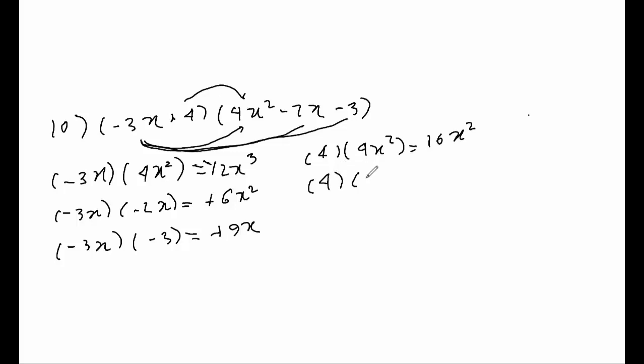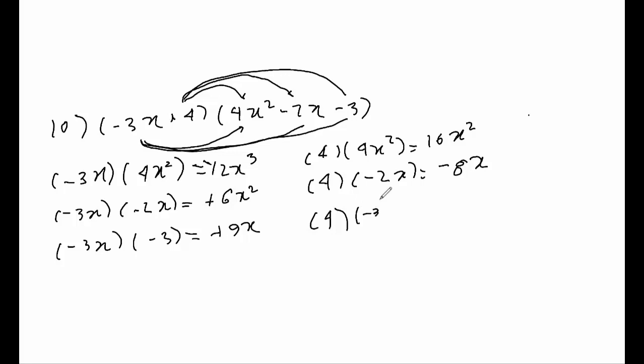4 times negative 2x, and that's negative 8x. And then finally 4 times negative 3 will give us negative 12.